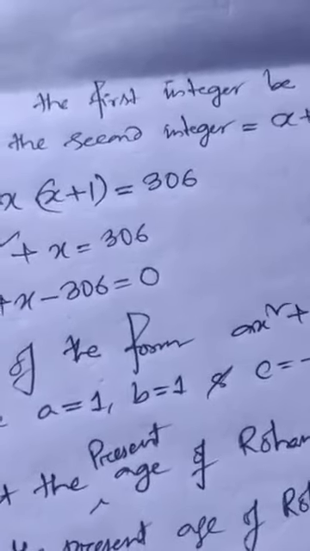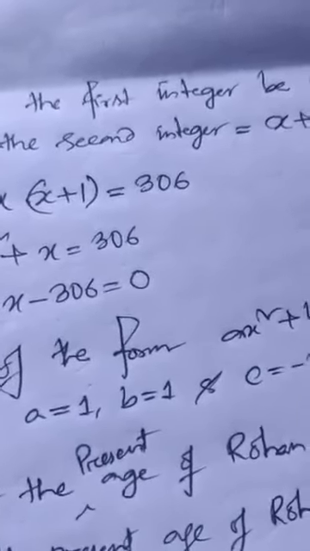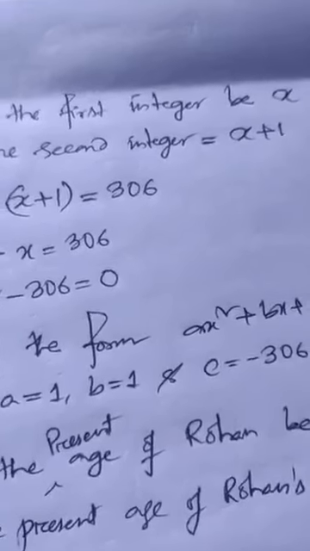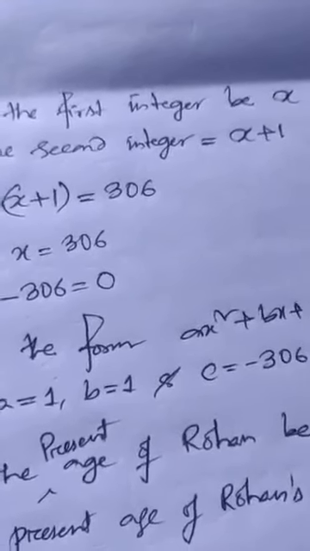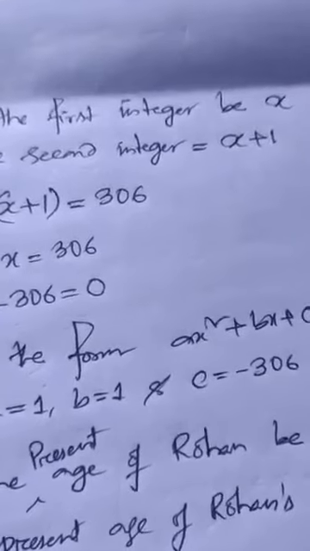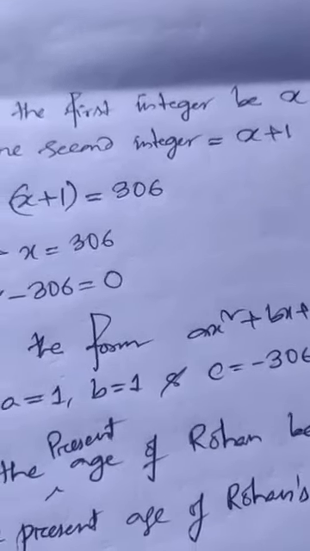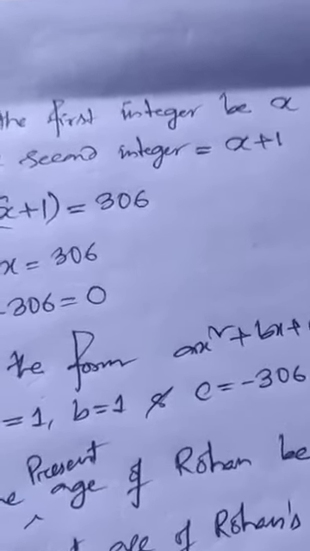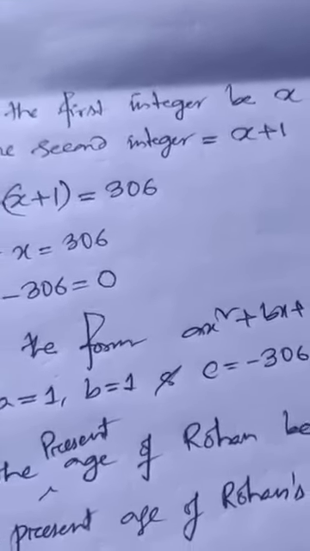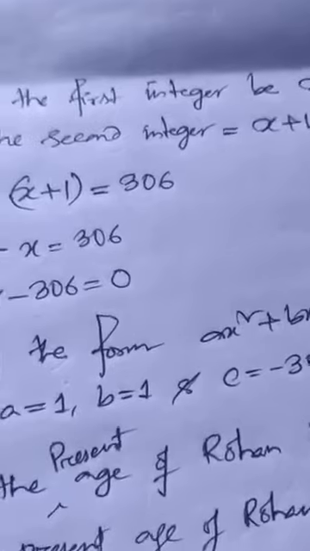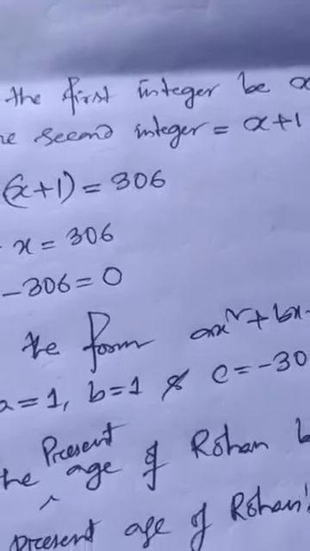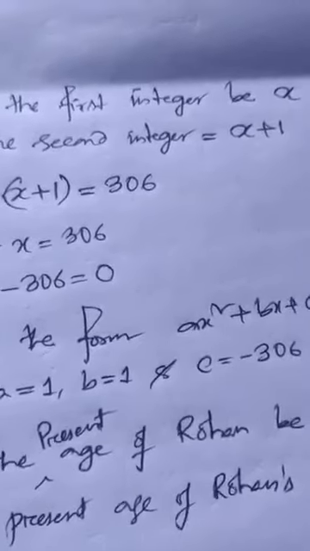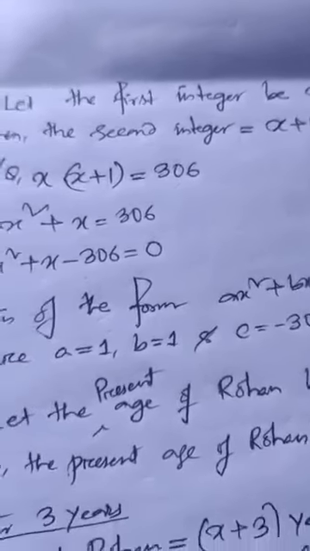So remember, whenever you are given some question like consecutive integers, consecutive multiples, whatever, you can always keep adding the serial numbers. Okay, now coming back to the question.